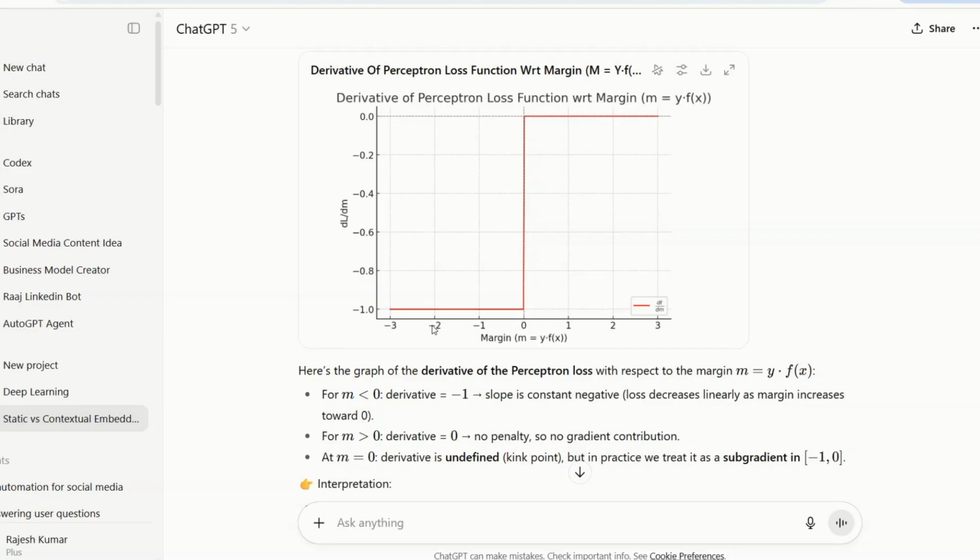Between -infinity and 0, you take any point, and at all those points your slope or derivative is going to be -1, and it's a constant. It means that it does not matter how far the point is from your boundary, or the misclassified or error point. If you apply gradient descent, the change will be constant.